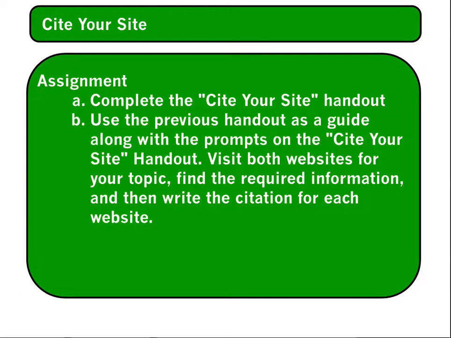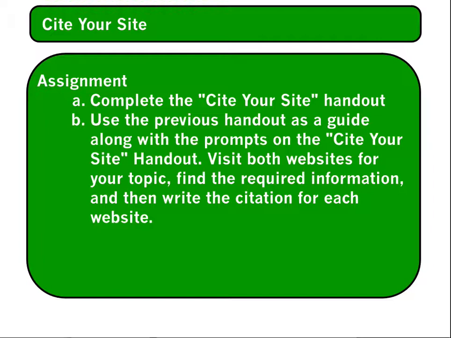Okay, so now we've gone through that. What you're going to do is complete the Cite Your Site handout. You're going to use the previous handout as a guide, along with the prompts on the Cite Your Site handout. You're going to visit both websites for your topic, find the required information, and then write the citation for each website.